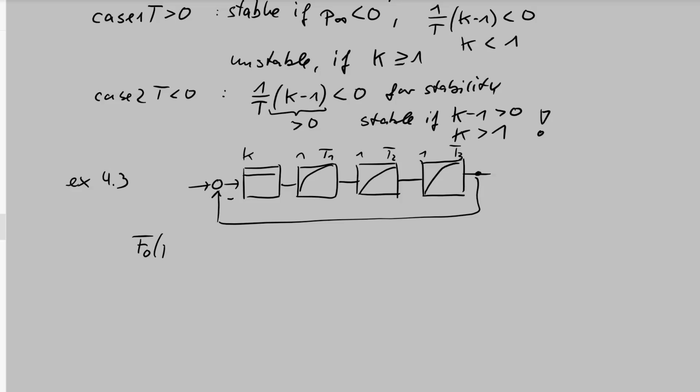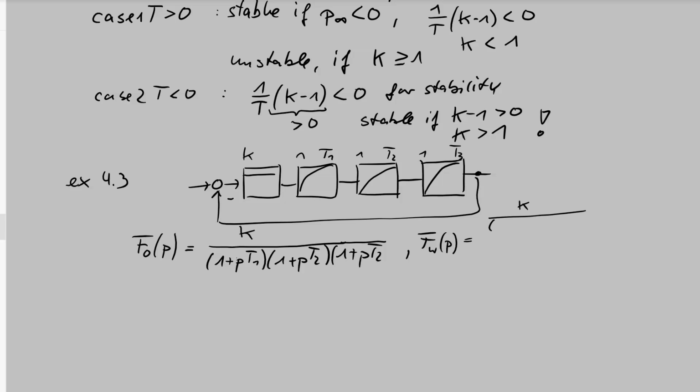The open loop transfer function can be easily written, because this is a product of the P controller on the left side with 3 PT1s: 1 plus PT1, 1 plus PT2, 1 plus PT3. And the closed loop with negative feedback can also easily be written as K divided by (1 plus PT1)(1 plus PT2)(1 plus PT3), divided by 1 plus the open loop function.